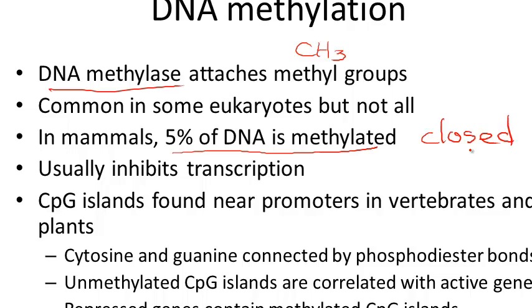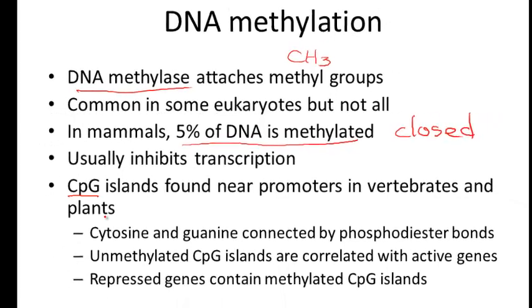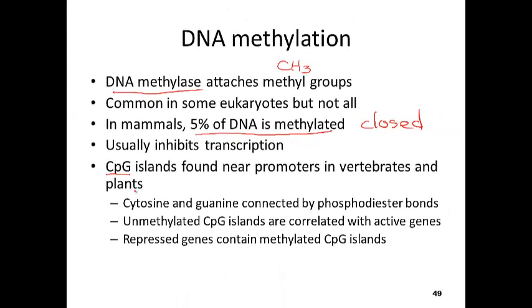We find these cytosine-guanine islands near promoters, specifically in vertebrates and plants, that are targets for this methylation. When these islands are unmethylated, the genes are on. When you methylate these particular nucleotide bases near the promoter, it turns off gene expression.